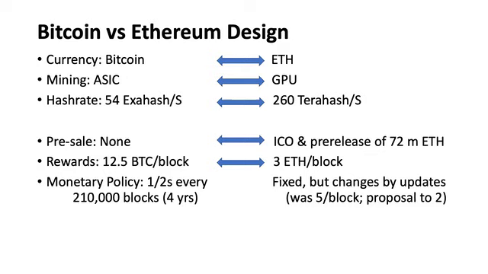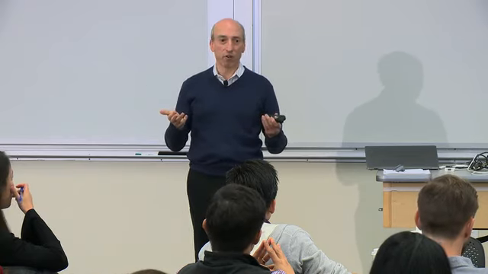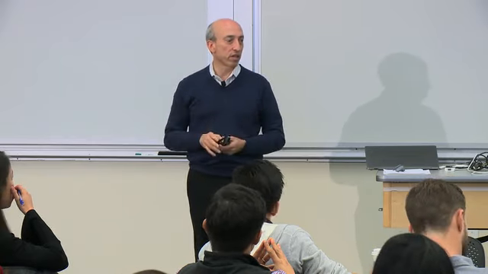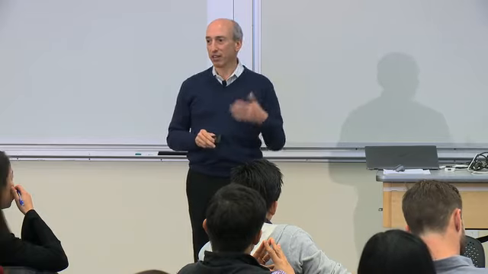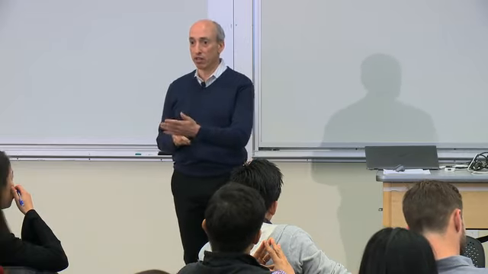So the monetary policy of Bitcoin is said to be immutable and fixed forever. But I would say that because Ethereum supposedly was fixed, and now twice they've changed the monetary policy, there is a form that if all the miners and all the computer nodes decide, they can change the monetary policy.